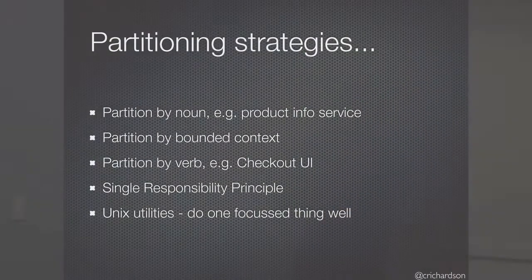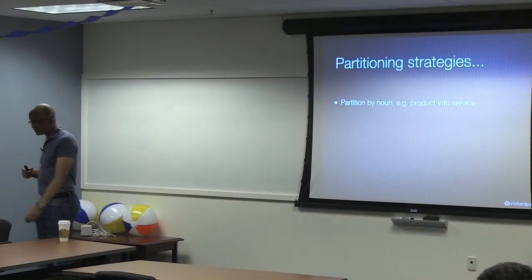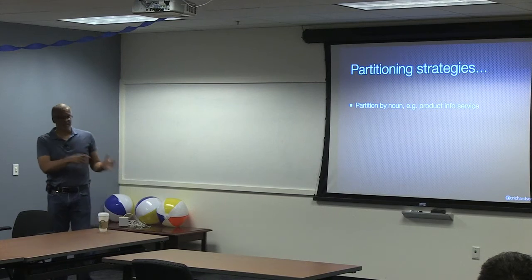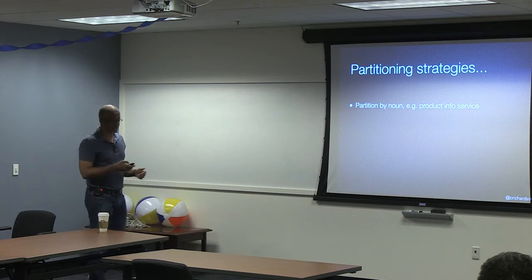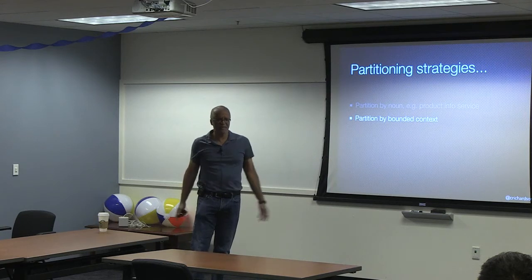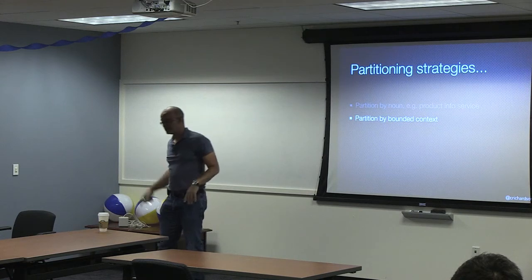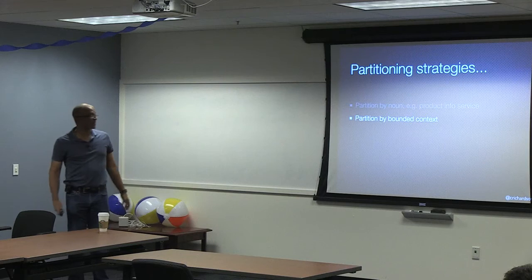And then, how do I break up my application into services? There's a bunch of different partitioning strategies. You could partition by noun. In this example, things to do with product information is a noun, and that gets handled by one particular service. You could partition by bounded context, which is a domain-driven design approach: here's a functional area of my domain model, and we'll implement a service for it.